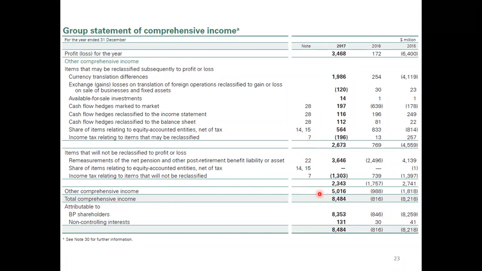So it's total other comprehensive income. It will be added to total profit for the year. Then we will get total comprehensive income. This comprehensive income will be distributed between controlling interest and minority interest.